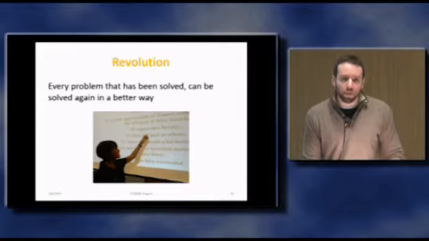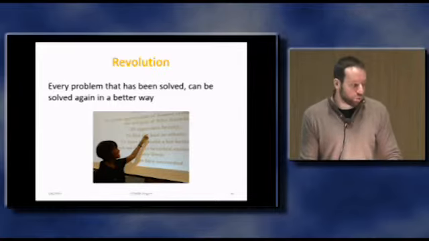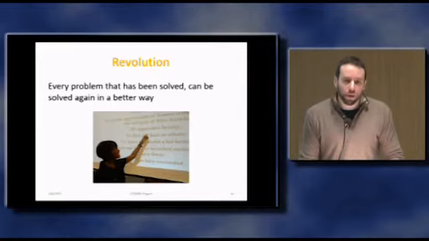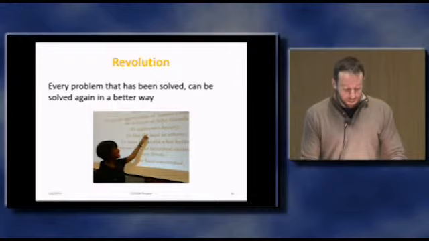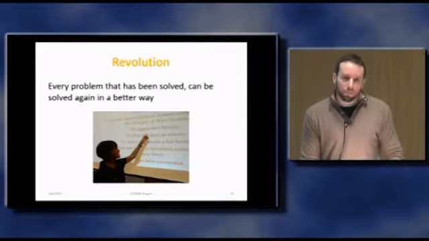The third creative method is revolution. It comes down to this: every problem that has been solved can be solved again in a better way. This is how to come up with ideas and solve problems in a completely different way than you had before. Sometimes the best new idea is something radically different than the previous ideas.